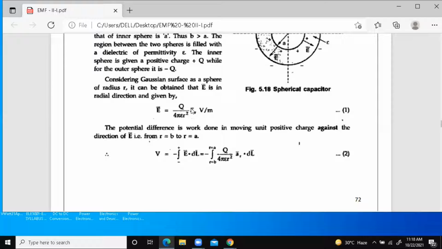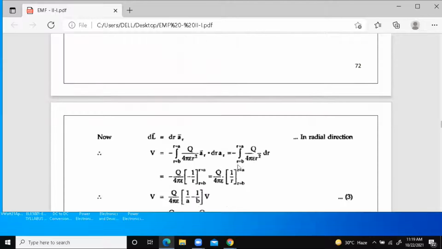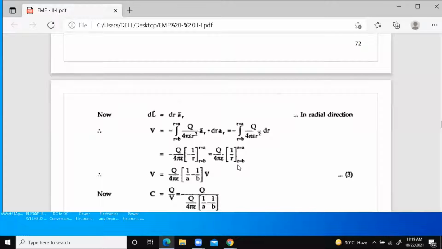This is E. The differential distance between A and B is dr in the a_R direction.